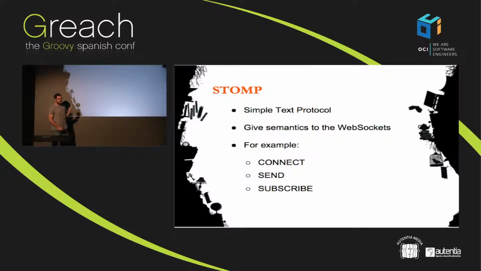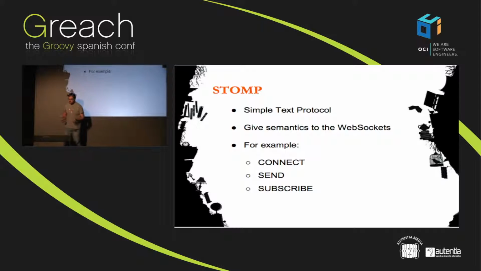The Stomp plugin is really cool. Stomp is another web technology. It's more like a protocol built over WebSockets, but underneath it uses WebSockets. It's just a text protocol over WebSockets, but this text protocol gives semantics to the WebSocket.